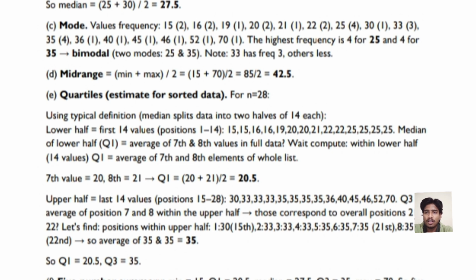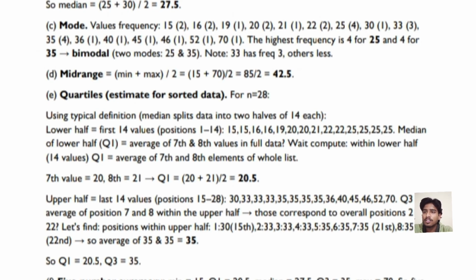The 7th value is 20 and the 8th value is 21, so Q1 equals 20 plus 21 divided by 2, which equals 20.5. The Q1 value is 20.5.